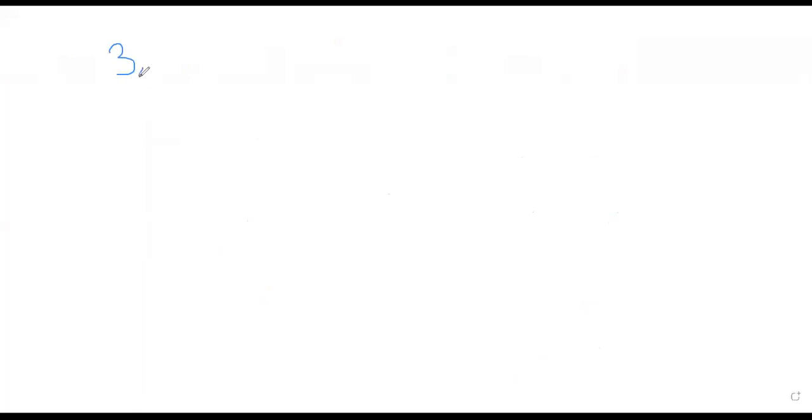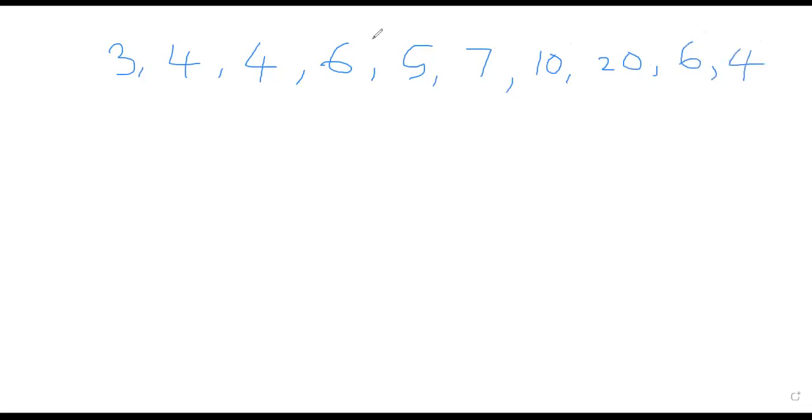You have 3, 4, 4, 6, 5, 7, 10, 20, 6, and maybe a 4. So this data is called ungrouped data.